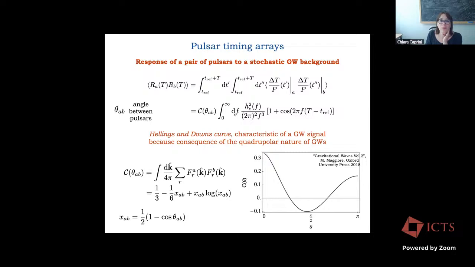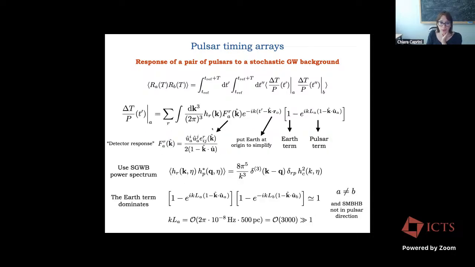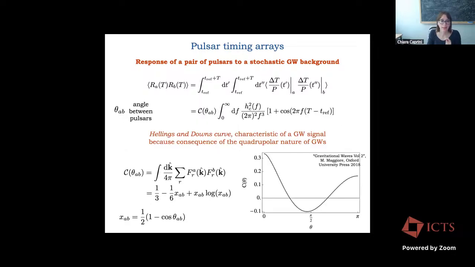And one can take out a coefficient which depends only on the geometry of the situation. Okay, so the position of the two pulsars, the direction of arrival of the gravitational wave, the polarization tensor of the gravitational waves.